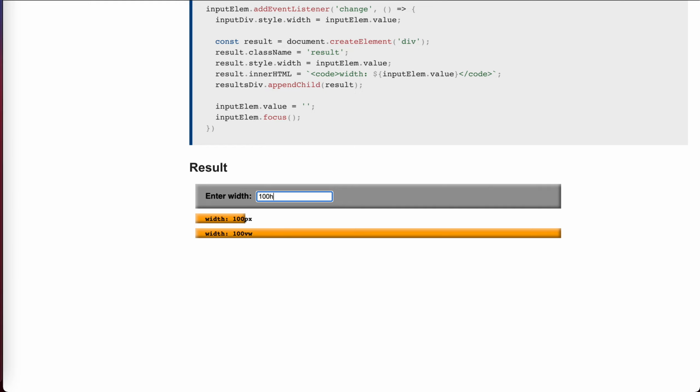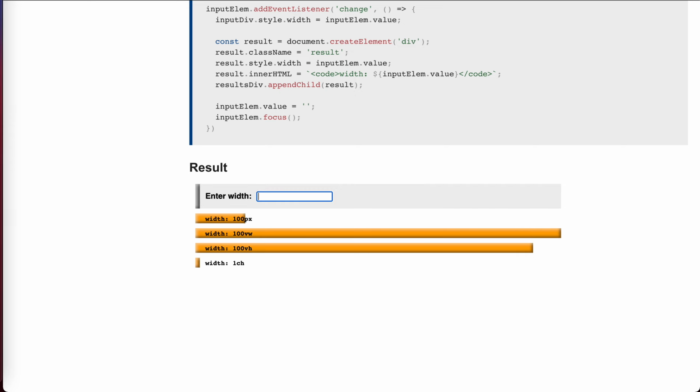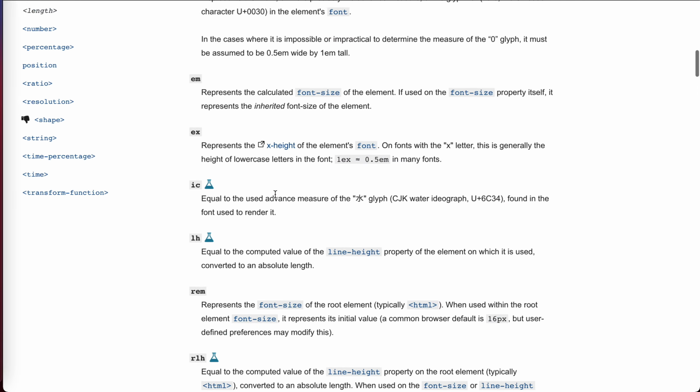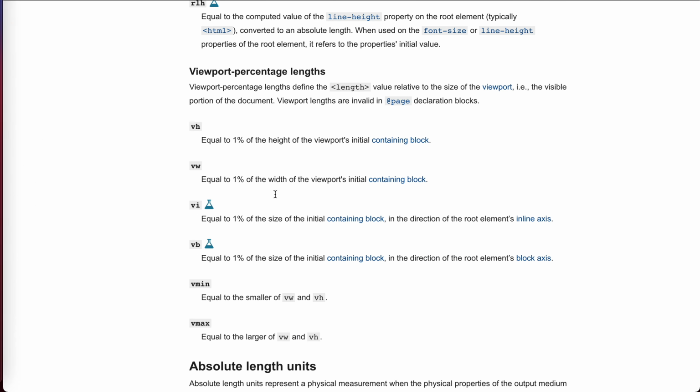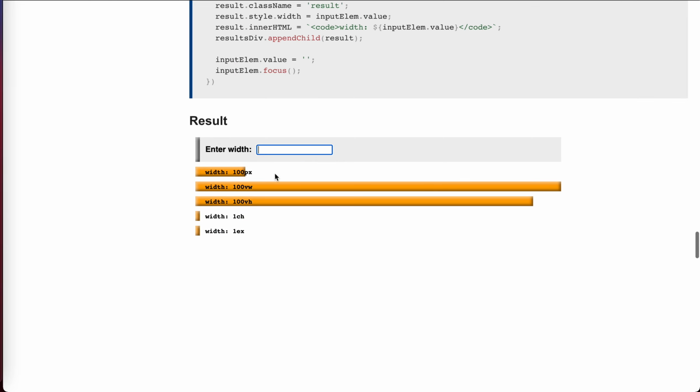Okay, 100 VH. Yeah, slightly smaller than the viewport width. Okay, 1 CH. It should be the width of 0, right? Okay. 1 EX, it should be almost the same. And vmin, vmax. 1 vmin, 1 vmax.